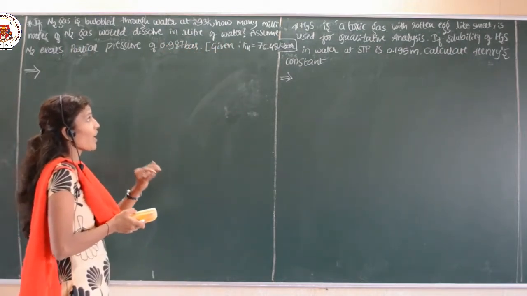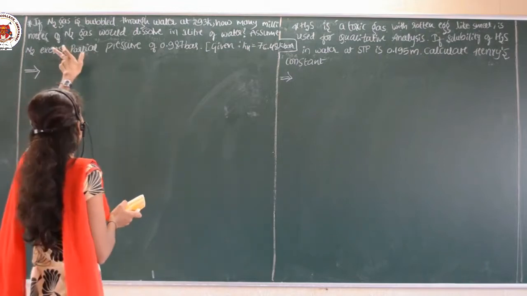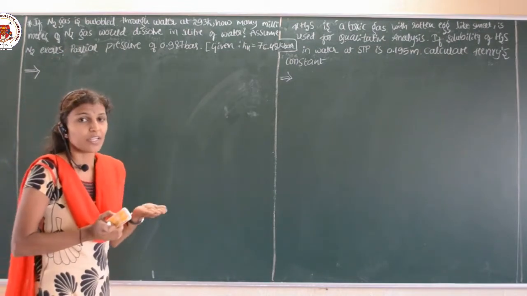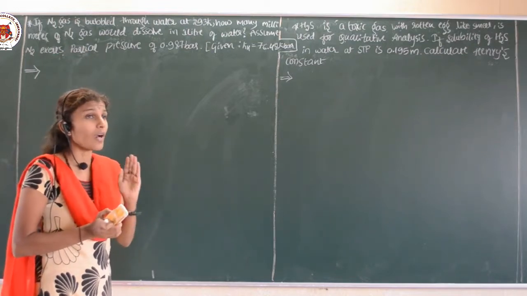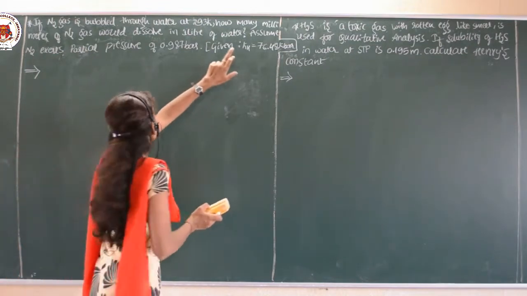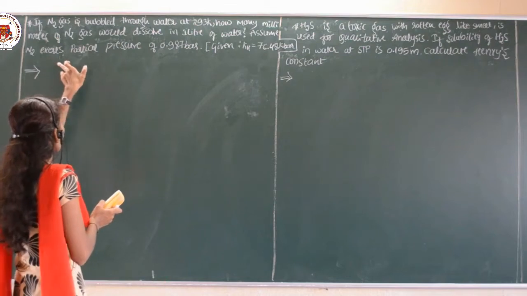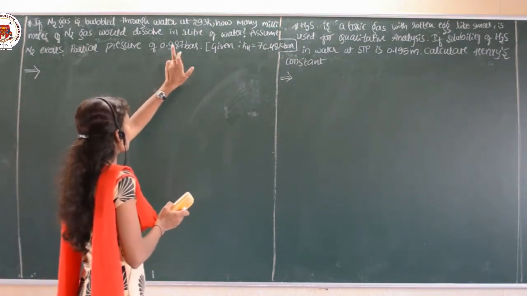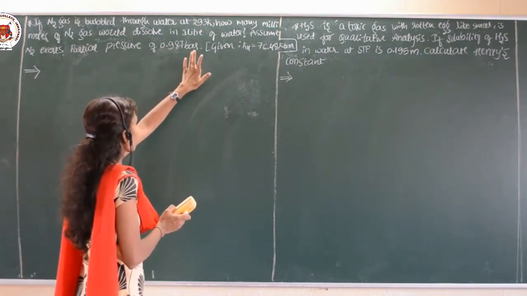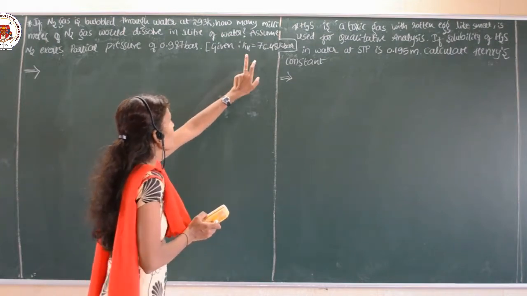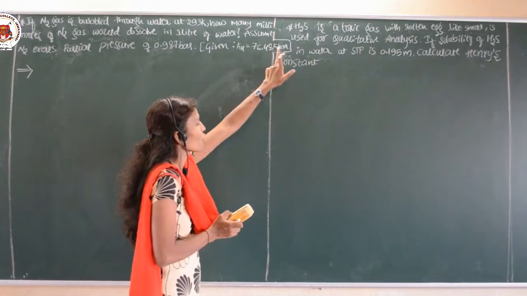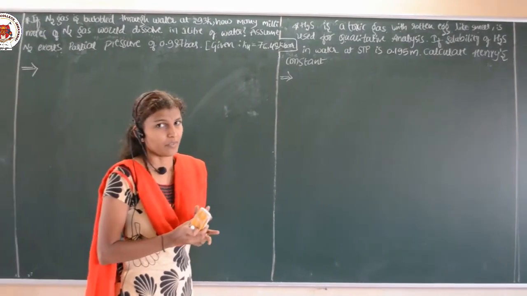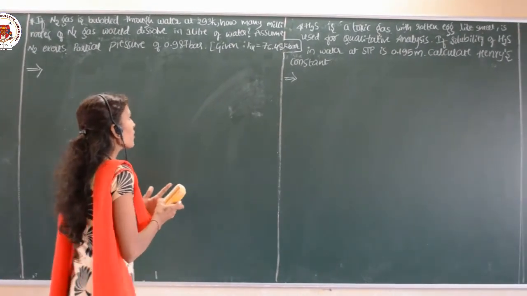It means they have asked how many millimoles of N2 dissolved, that is, the number of moles of N2. Assume that the N2 exerts a partial pressure of 0.987 bar, given that the value of Kh is 76.48 kilobar. Okay. So, let us go for the problem.